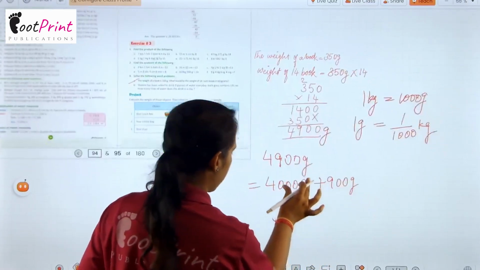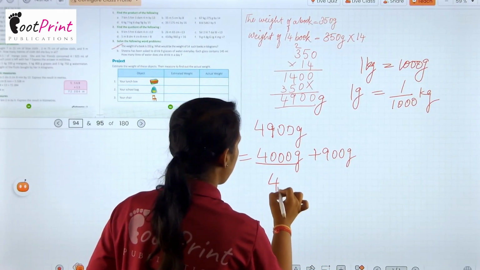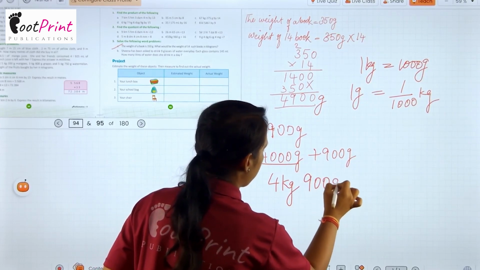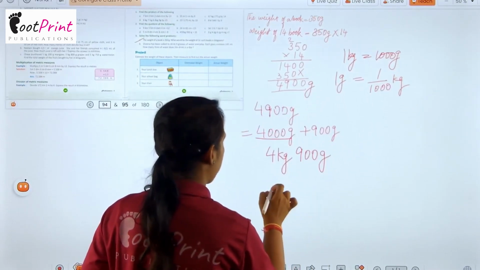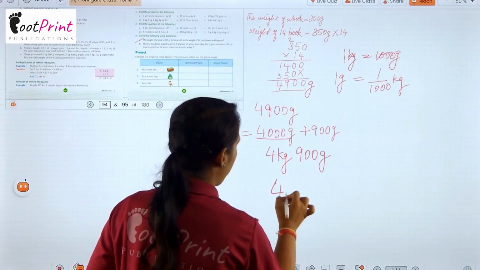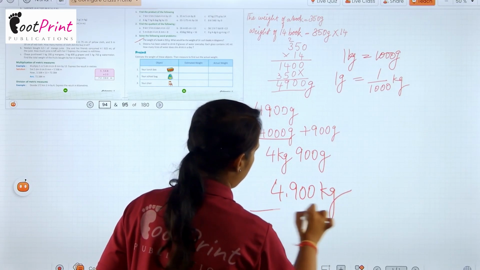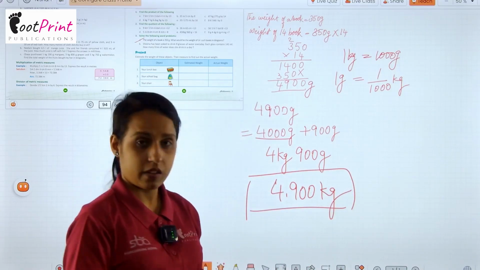So 4000 gram equals 4 kilogram and 900 gram, and we write it as 4.900 kilogram. You can write it like this.